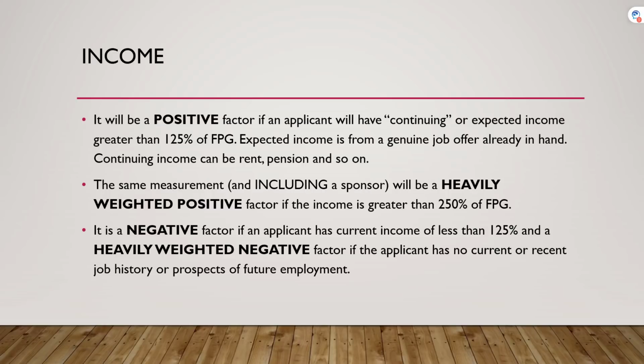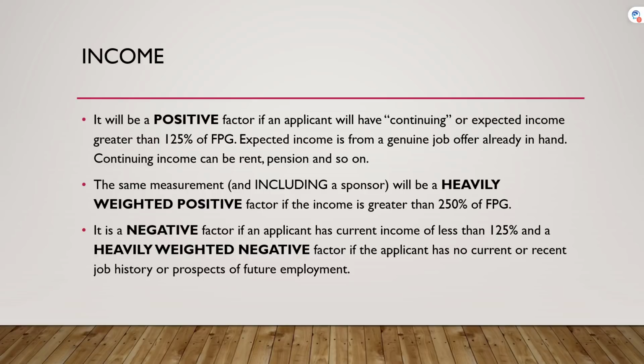Okay, income. So this is an interesting one. Clearly, immigrants are leaving their jobs that they have in their home countries and they're coming to the USA. So there are aspects of this overall form that are assessing your ability to get work, etc., in the USA. But this particular rating is about continuing or expected income.